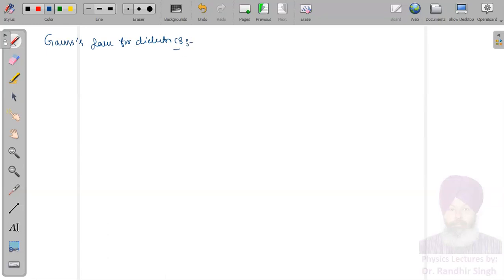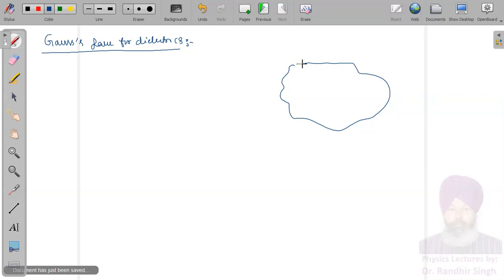Gauss law for dielectrics. So now suppose this surface, this is a closed surface. In the previous discussion, this closed surface was containing only charges which we want to discuss.